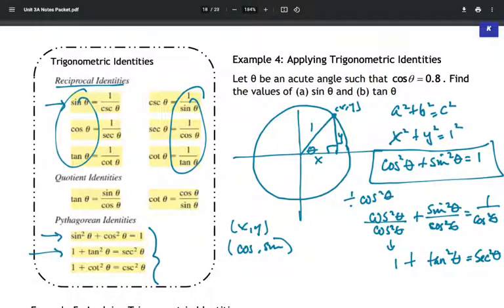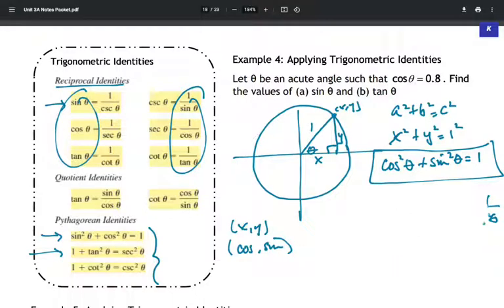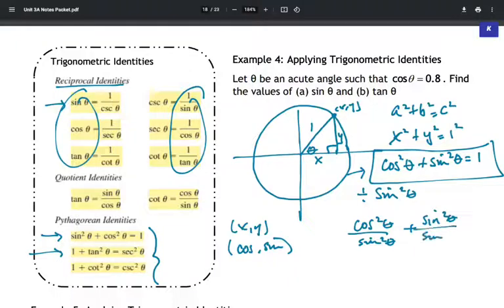To get the last one, I'm going to take that same beginning identity that we got, and we're going to divide everything by sine squared theta. So cosine squared theta over sine squared theta plus sine squared theta over sine squared theta equals 1 over sine squared theta.